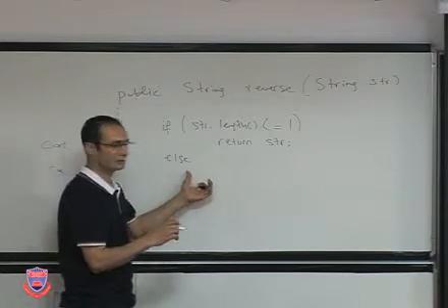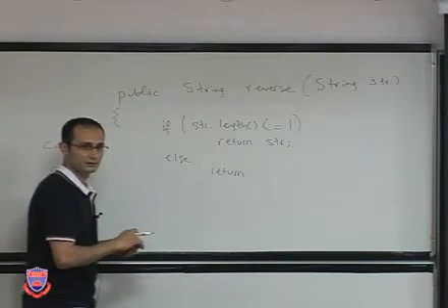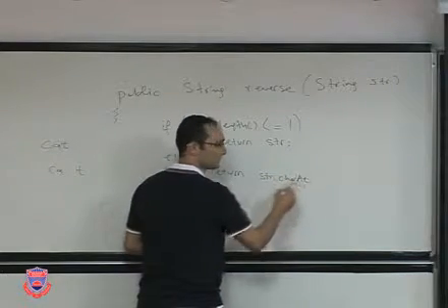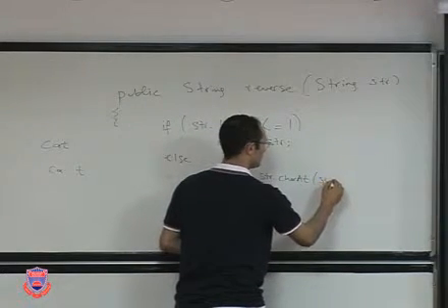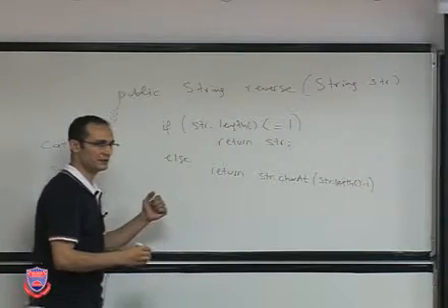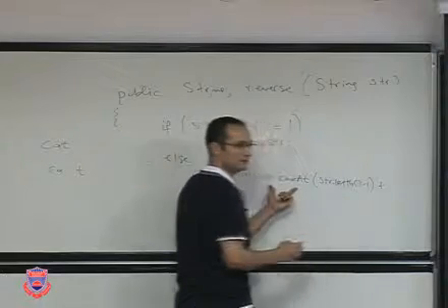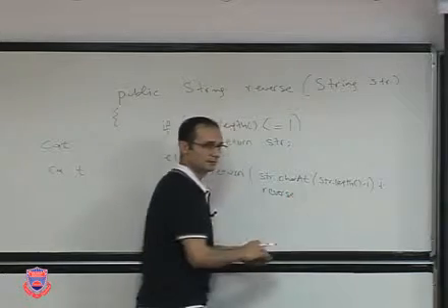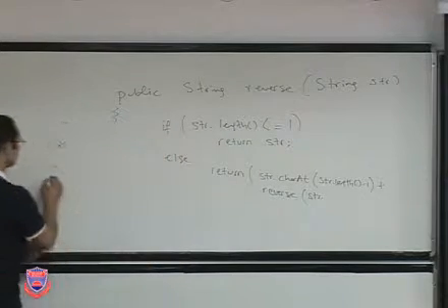So else, what am I going to say? Return str.charAt(str.length - 1). So I got the last character. I will put it at the beginning, right? So I got this character, and then I will say plus, and I will call reverse so I will get the remaining part, which is this part.